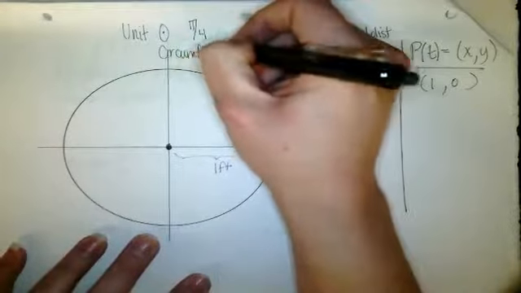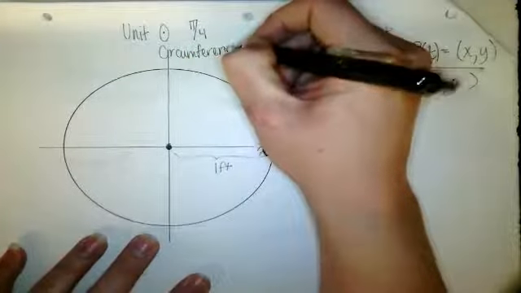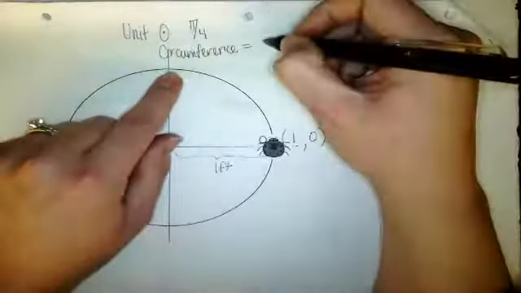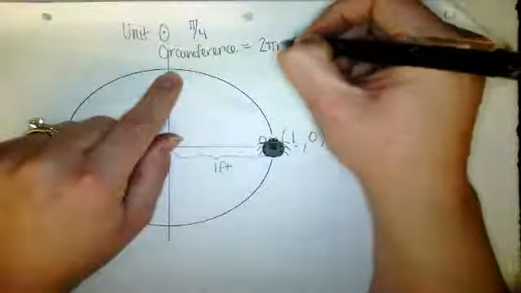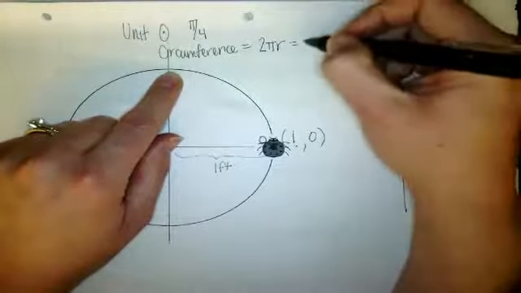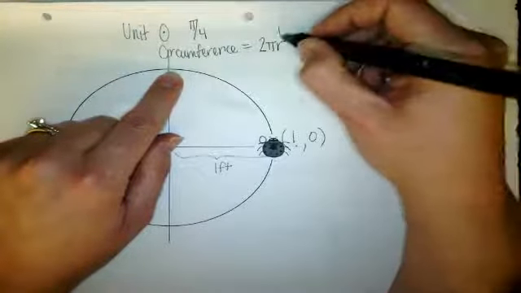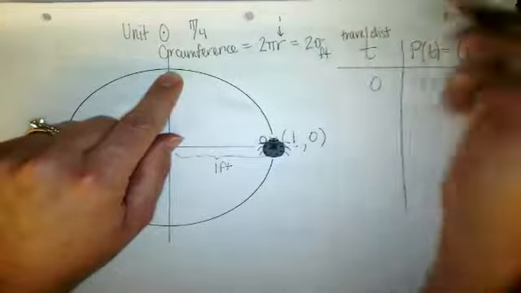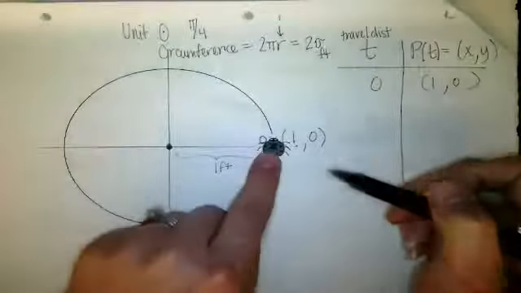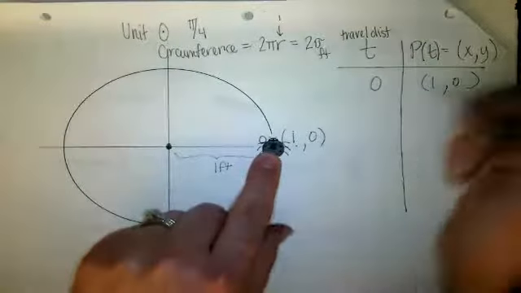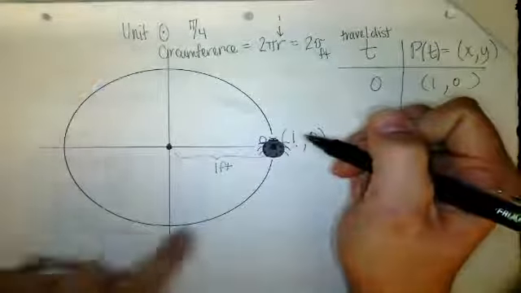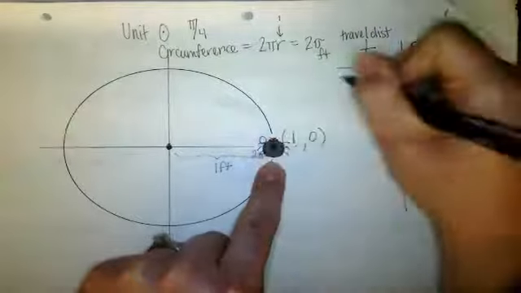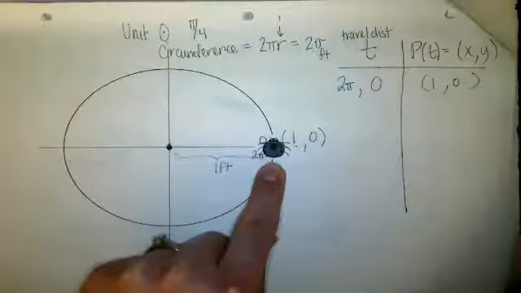What is circumference? 2 pi r, and our radius is 1 unit. And so the distance she's going to travel is 2 pi feet to get all the way around. So if she walks all the way around the circle, she would have traveled 2 pi feet.